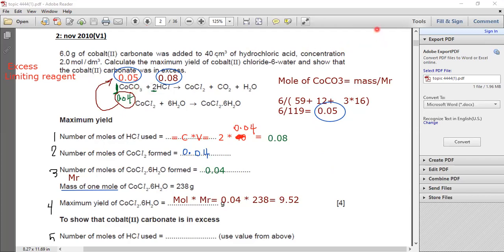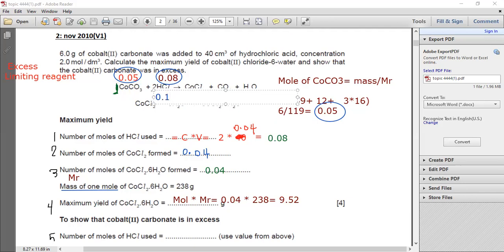Limiting reagent is the reagent with the lower moles. So what does it mean? According to the mole-mole ratio, HCl is supposed to be double cobalt carbonate. Cobalt carbonate is 0.05, so according to the mole-mole ratio, HCl is supposed to be 0.1. Check.